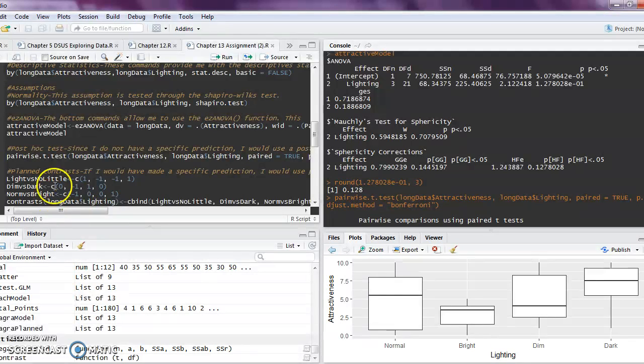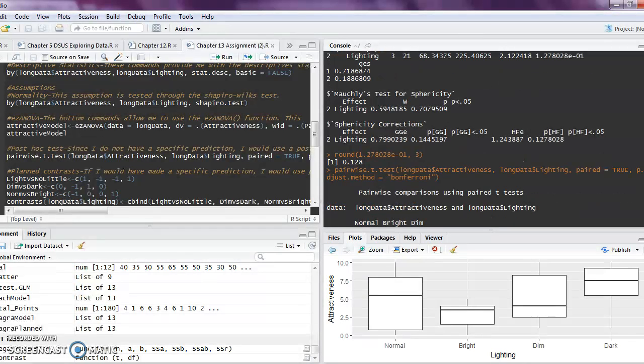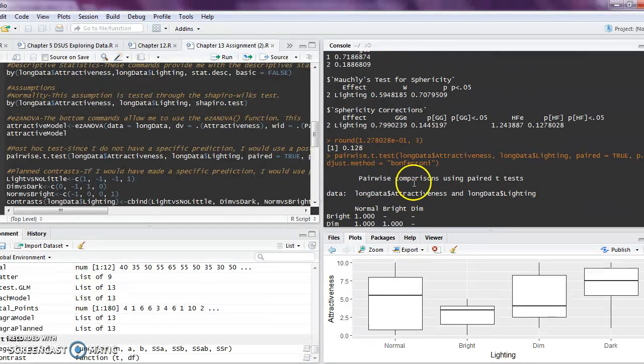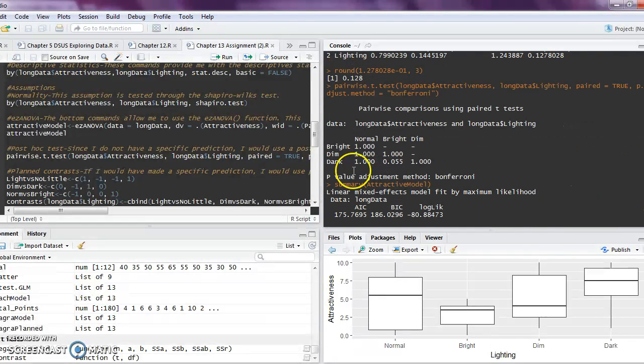So if we did not have a prediction anyhow, then we would use the pairwise t-test as a post hoc test. And specifically we specified Bonferroni. Looking at our conditions, we have four conditions, not three.